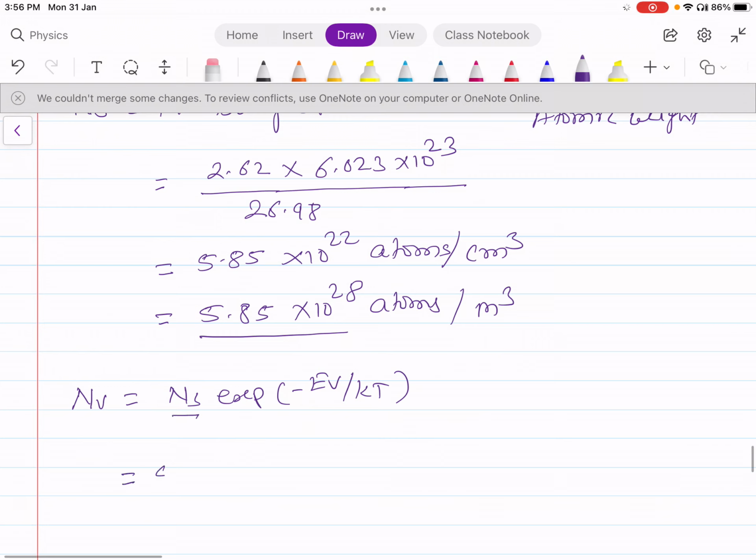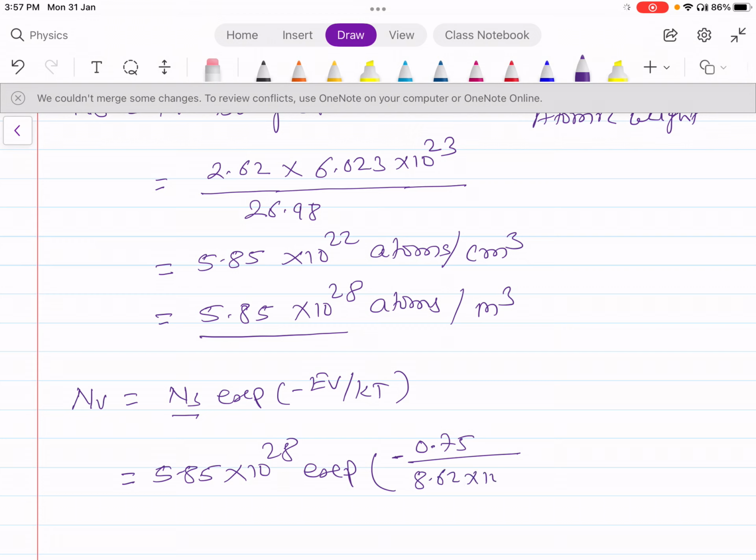Ns is 5.85 into 10 to power 28 into exponential of minus 0.75 divided by k, which is 8.62 into 10 to power minus 5, into temperature 773.